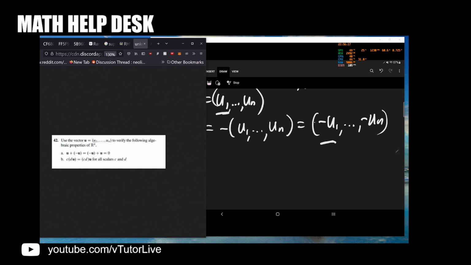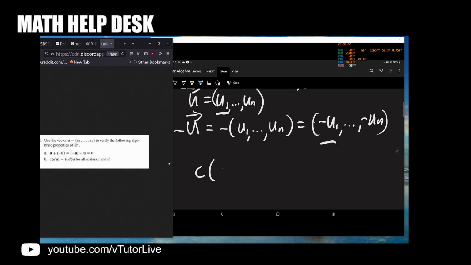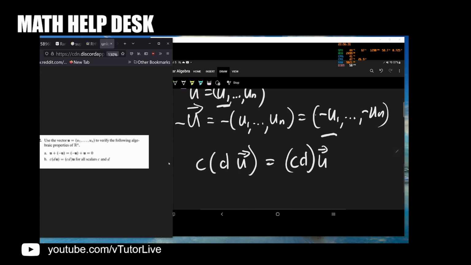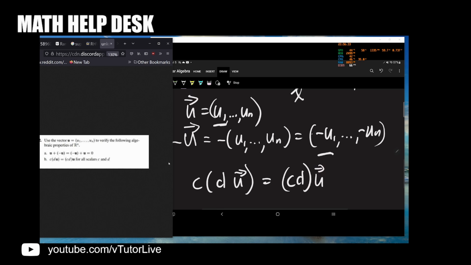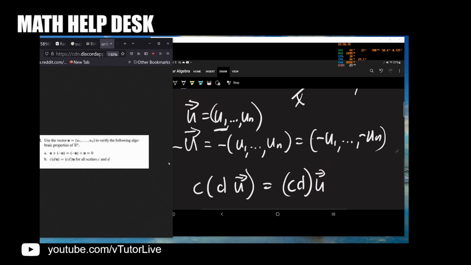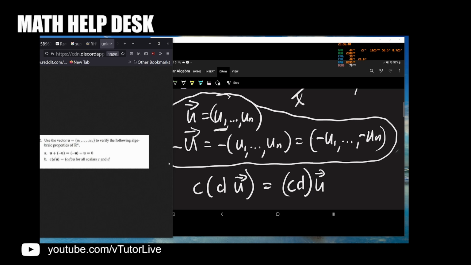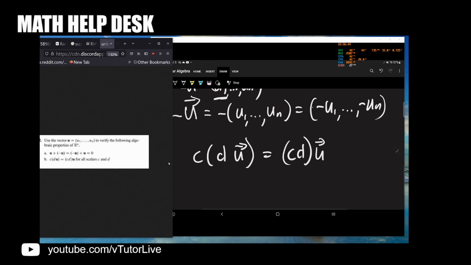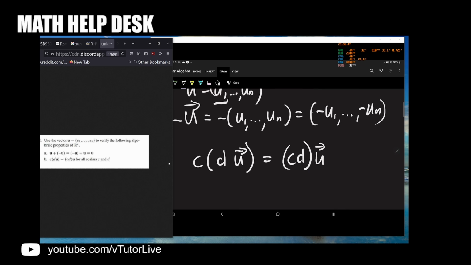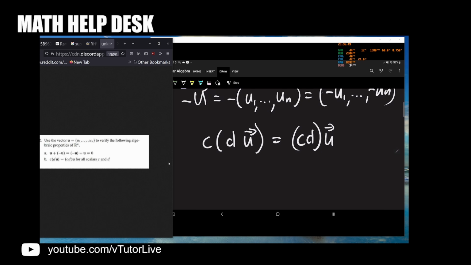Okay. So then, do you feel like that takes care of the next one as well, where there's no negative u; it's just c times du, and you want to show that that's equal to cd times u? Once you go down to the one-dimensional case, like you were talking about, you could just use that justification. If you think about it at this level of granularity, using u1 dot dot dot un, these vectors behave exactly as you would hope.